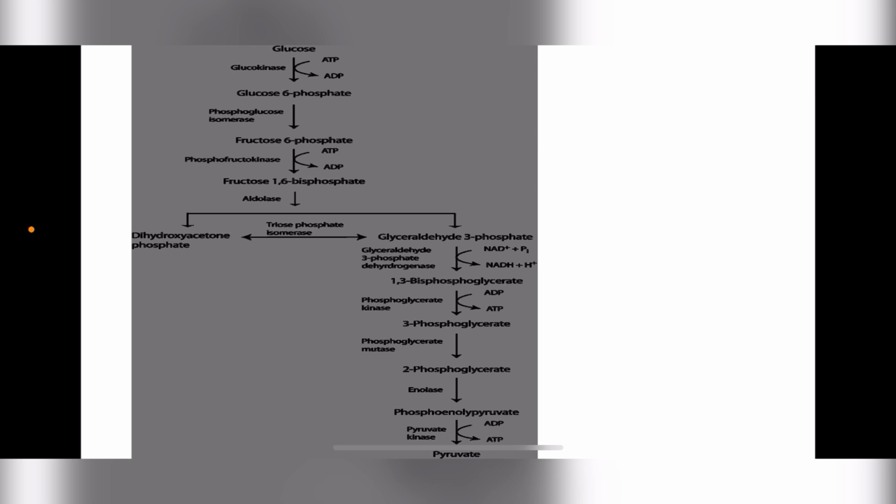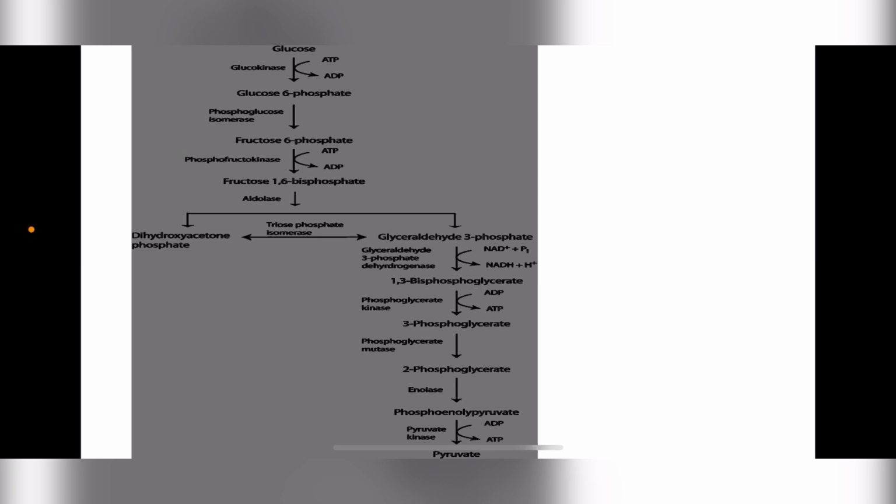Here also ATP gets converted into ADP by transferring a phosphate to fructose 6-phosphate, leading to the production of fructose 1,6-bisphosphate.